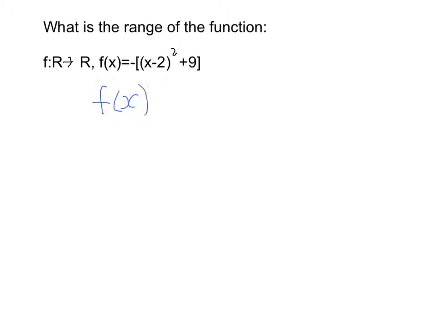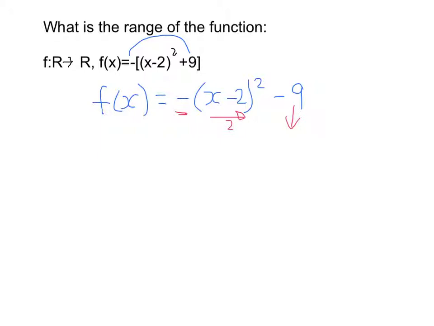So f of x is equal to, getting rid of these square brackets, negative (x minus 2) squared, and then we have to apply the negative to the 9 as well, so take away 9. So that tells us it's going to be an inverted x squared graph, which is translated to the right by 2 and down by 9.